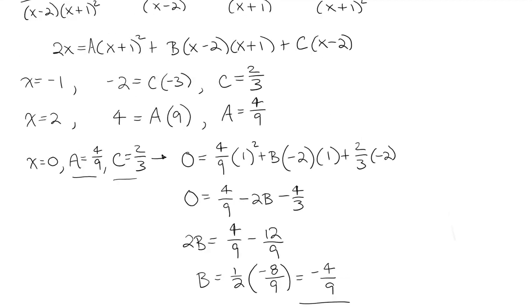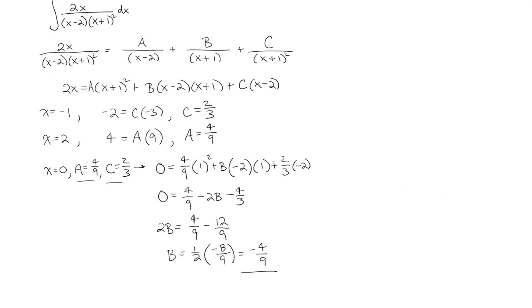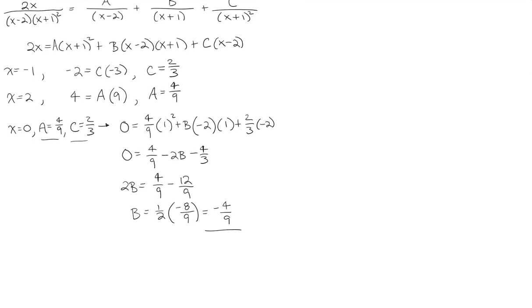Now we can rewrite our integral. So we know that this would be the integral now of, well, our a term would be first, and that would be 4 over 9 times 1 over x minus 2 dx plus, well, our next one was minus 4 over 9, so it'd actually be a negative here.